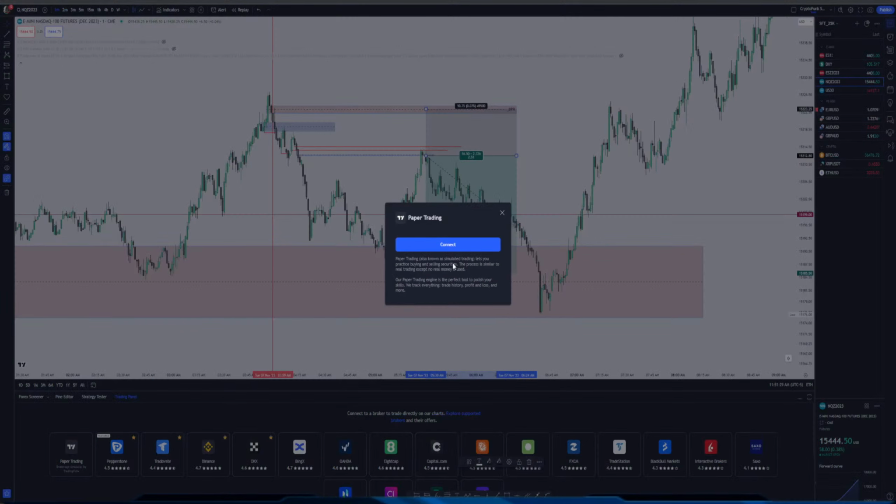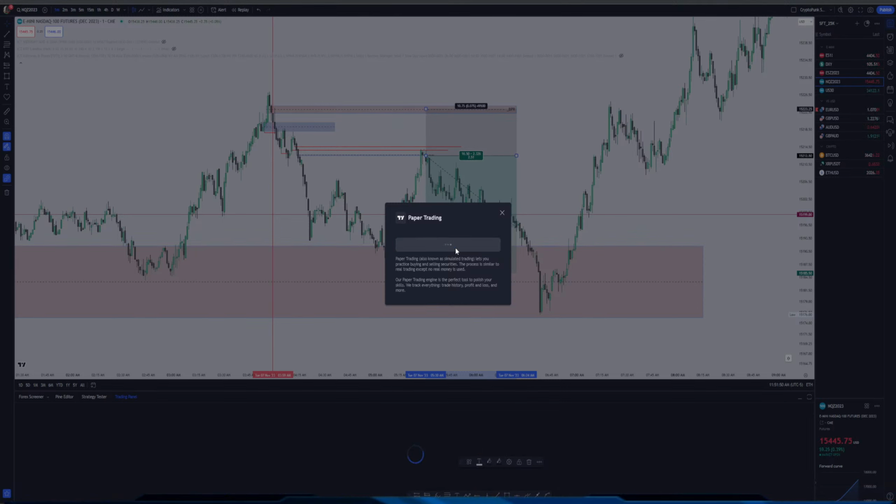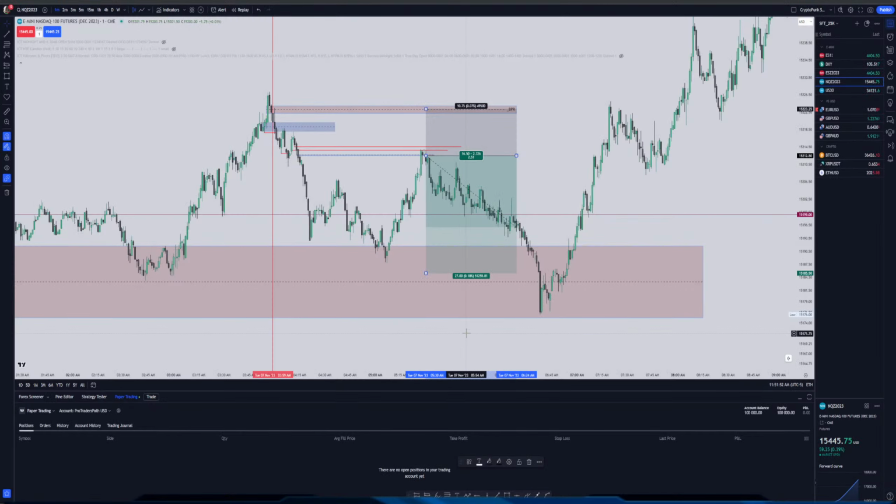Let me just connect the paper trading. Hold on a sec, guys. I might have my TradeWay connected on the other tab that I had on my laptop, so let me disconnect that before connecting any other, otherwise it's going to give me some conflicts. So let's say that's a paper trading account.